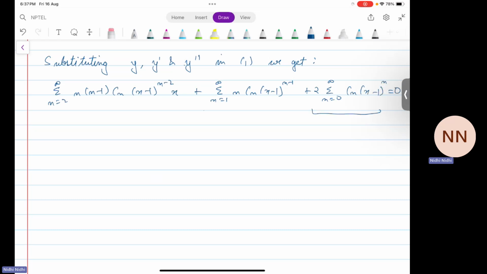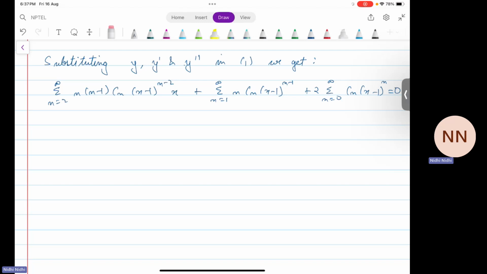Now this one is already in x minus 1 to the power n. To convert the others in terms of x minus 1 to the power n, again we'll do the same substitution. We'll take m equals n minus 1 and see what these coefficients are.